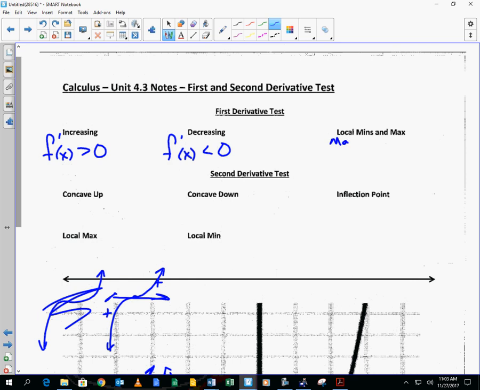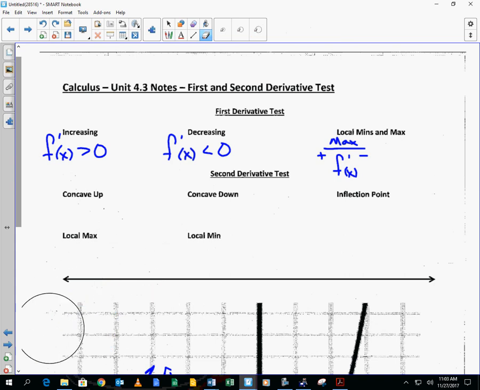We have a local max when the derivative changes from positive to negative. So when the derivative changes from positive to negative, or the function changes from increasing to decreasing, that's when you have a local max. So then what will the local min be?